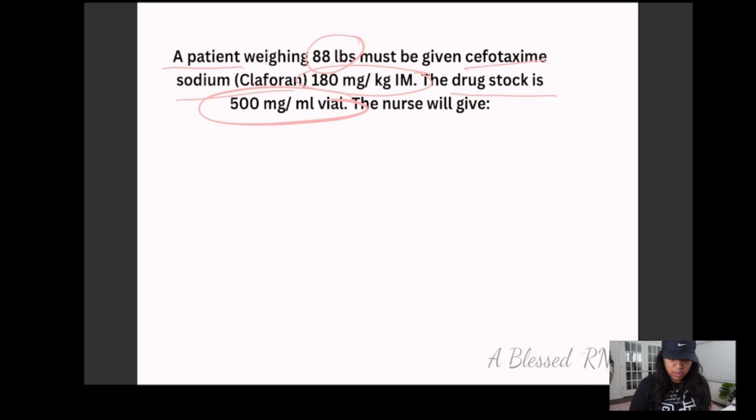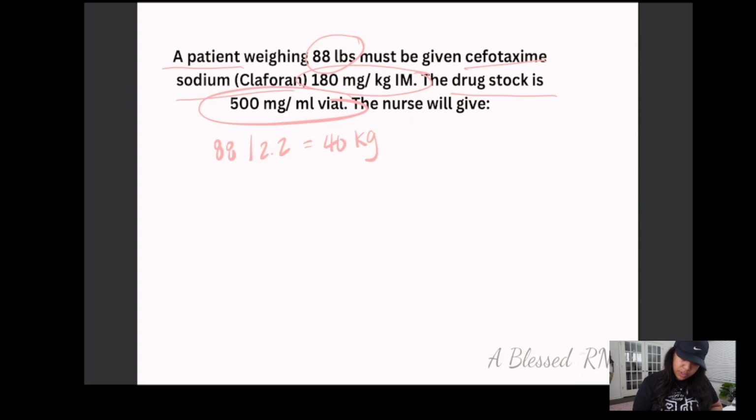So first we know that it's milligrams per kilogram, and it's going to be IM, so they're going to give it in a muscle, intramuscular. So we're going to convert our pounds to kilograms. We know that's going to be 88 divided by 2.2, and it's going to equal 40 kgs.